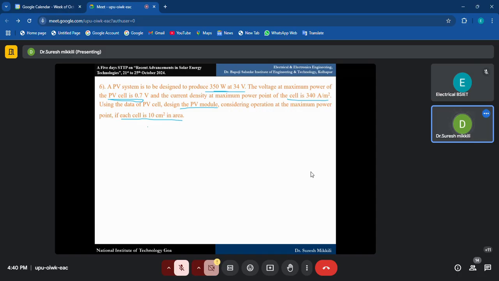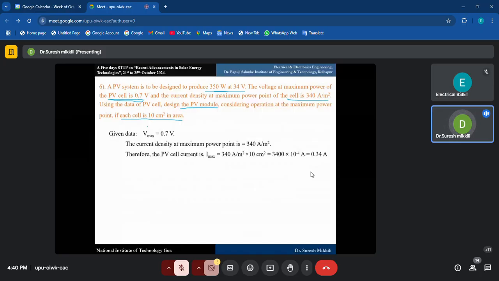Can you solve? V maximum is 0.7 of cell. Current density at maximum power point is 340 ampere per meter square. Therefore, PV cell current is how much?